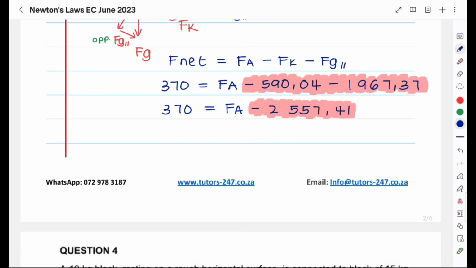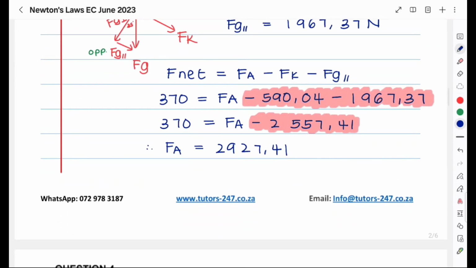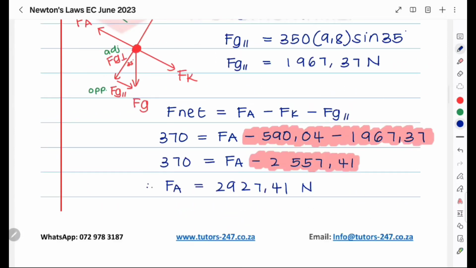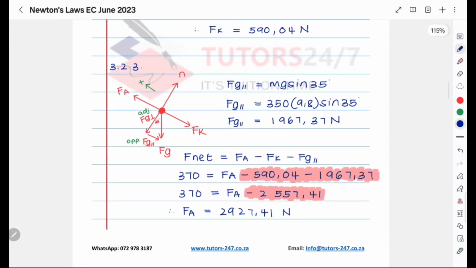So we will then have 370 plus 2557.41. And we therefore have applied force equal to 2,927.41 newtons. So that is the applied force.